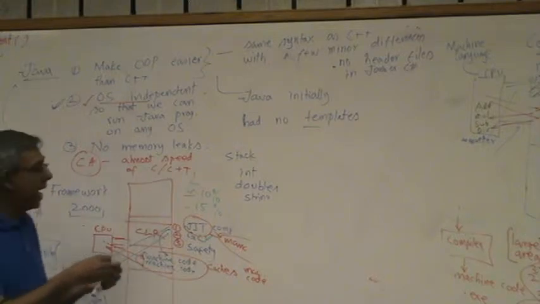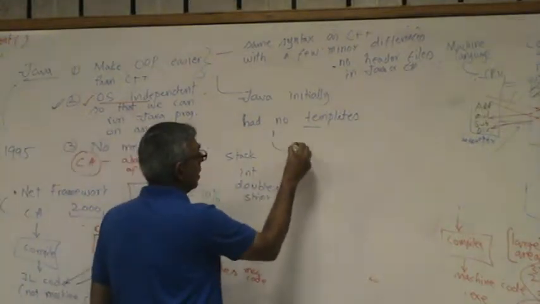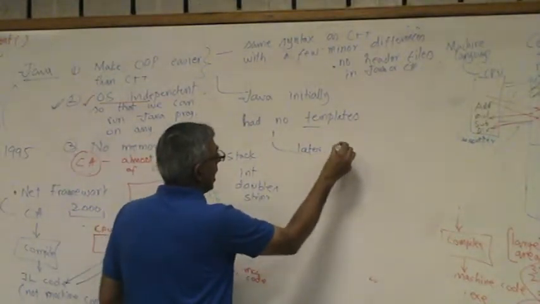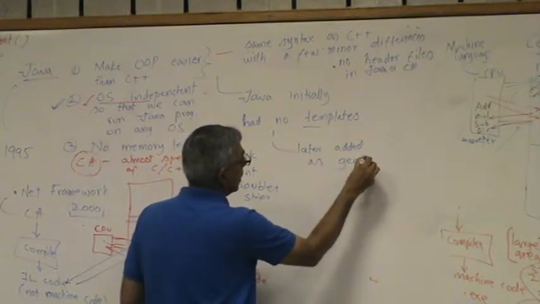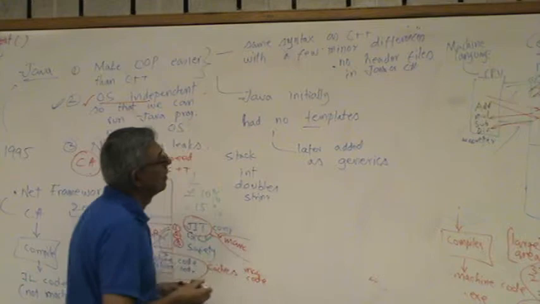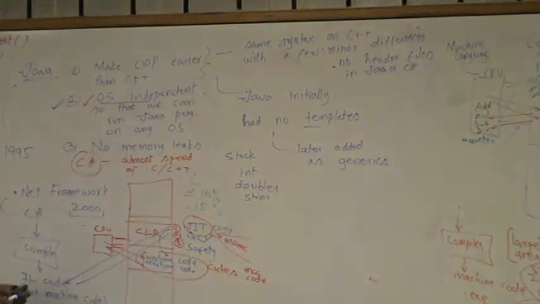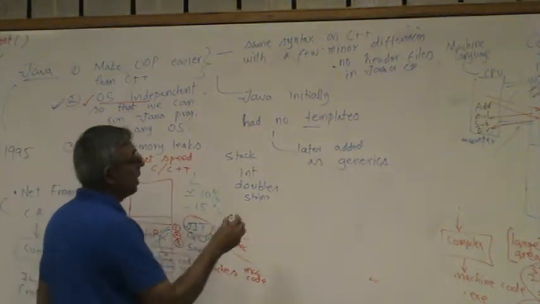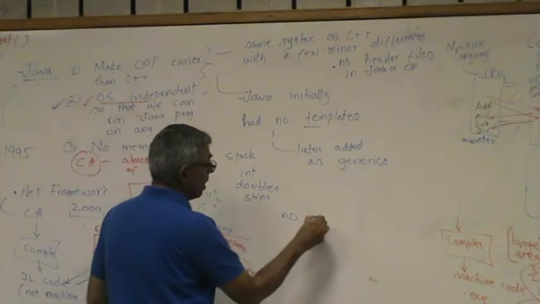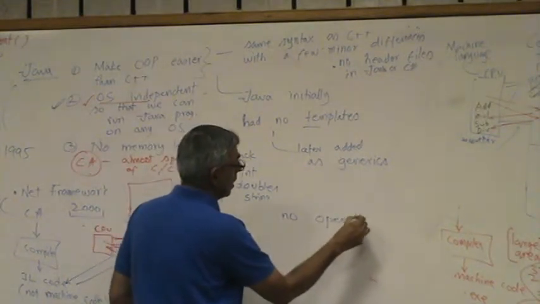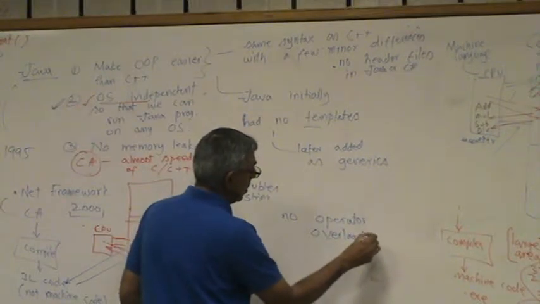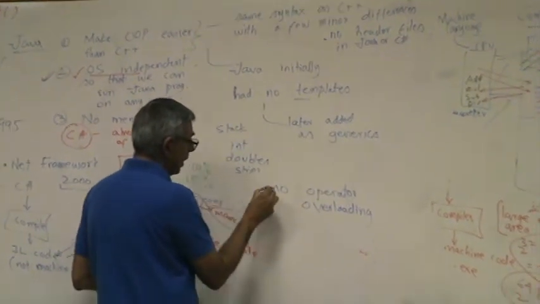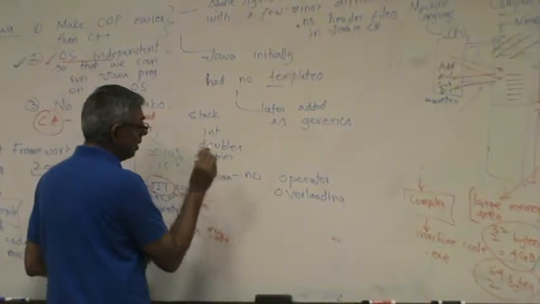Then later they added generics, which is the same as templates. The other thing Java did is no operator overloading. Again, this is Java I'm talking about.